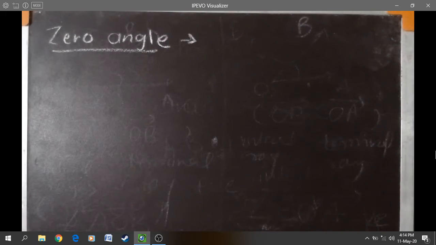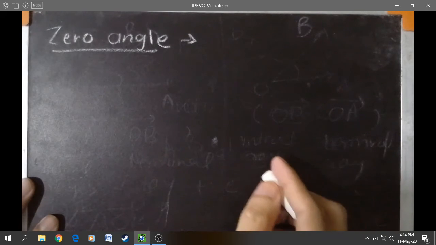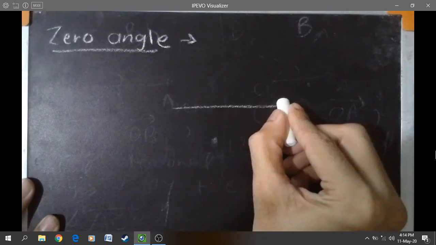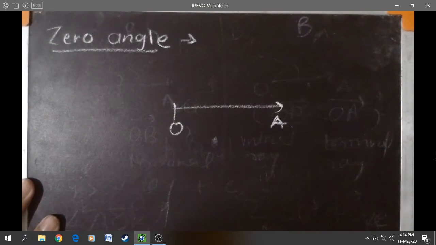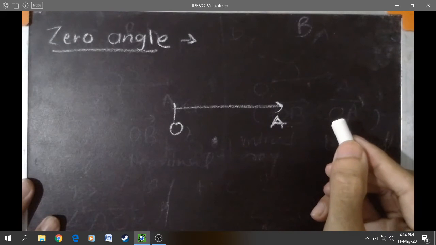Zero angle is quite easy actually. It suggests its name: zero means it should have a zero rotation. If the ray OA, which is our initial ray, has a zero rotation, it means it is not moved.